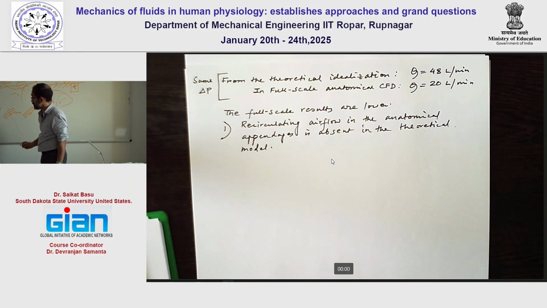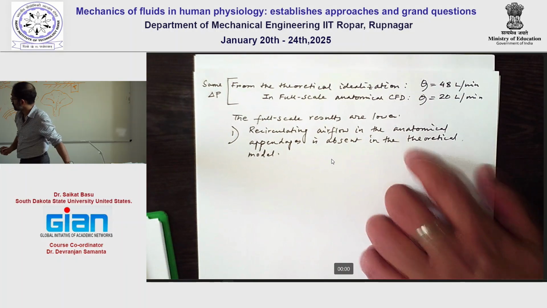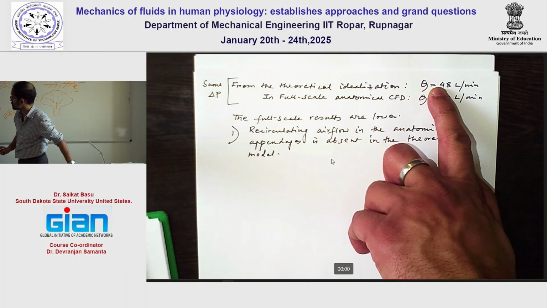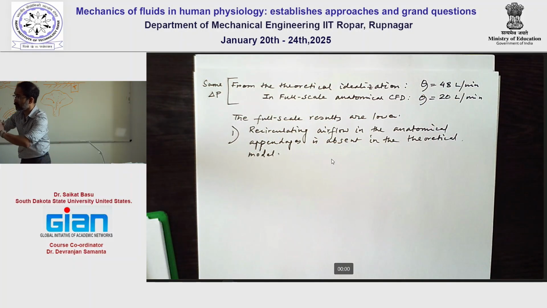So if we were indeed trying to keep the same flow rate, if we want to generate a 48 liters per minute flow rate in the anatomical model, we have to apply a stronger pressure drop to push that through.